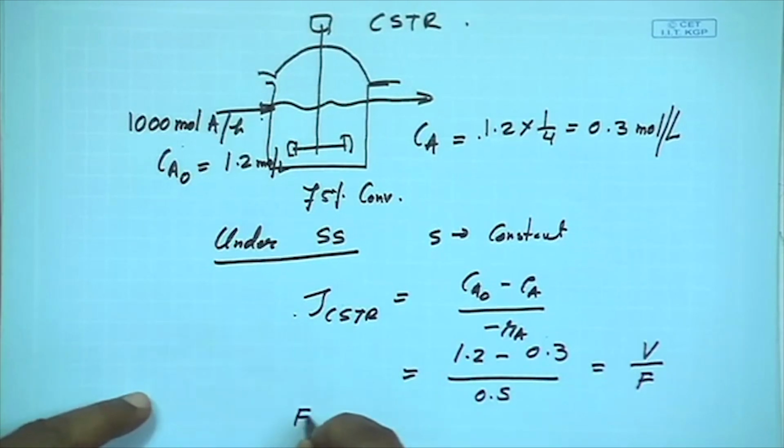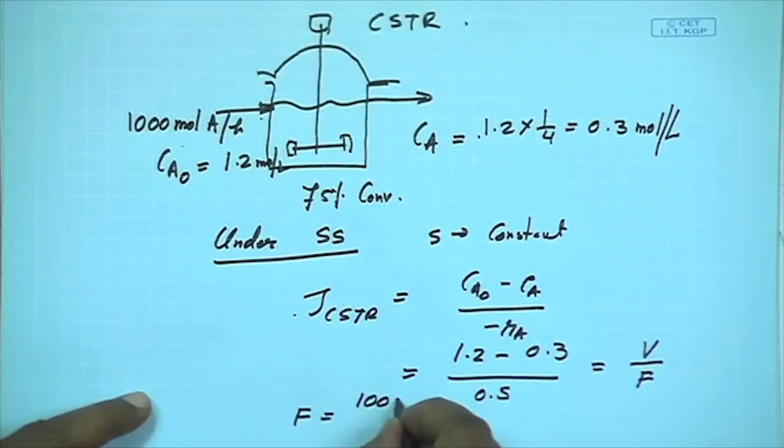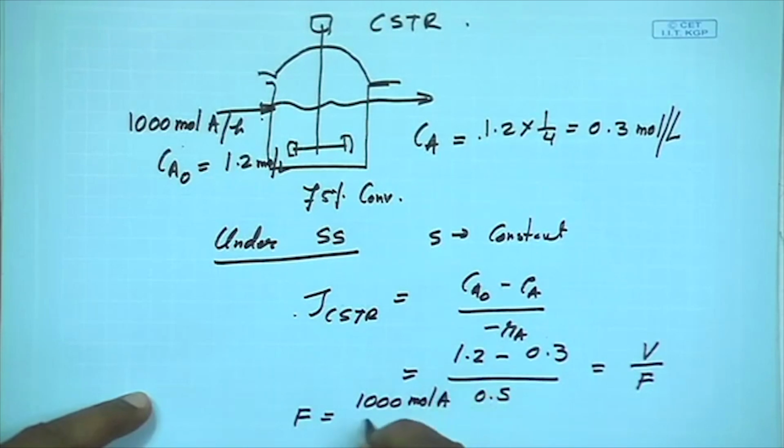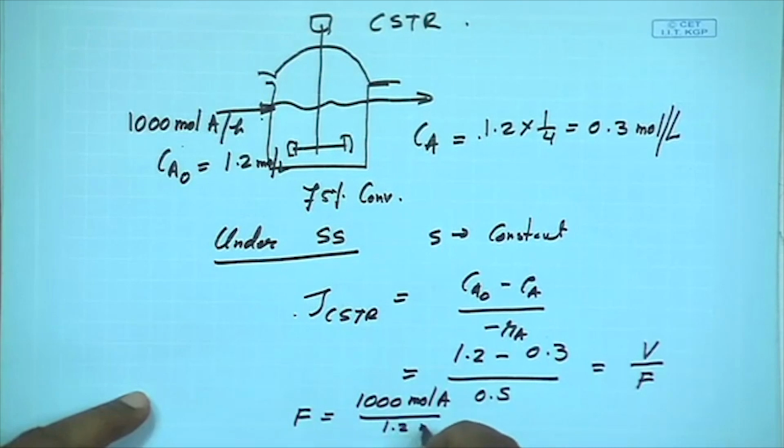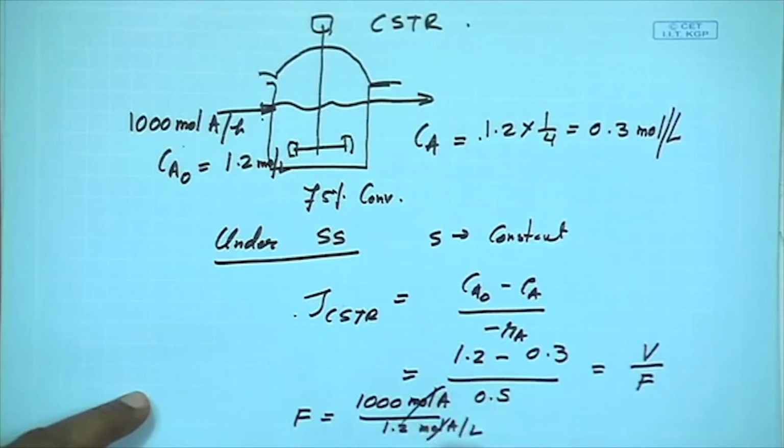F is equal to 1,000 moles of A per hour divided by the initial substrate concentration, 1.2 moles of A per liter. This is per hour, and we have to convert it to per minute, that is, divide by 60.